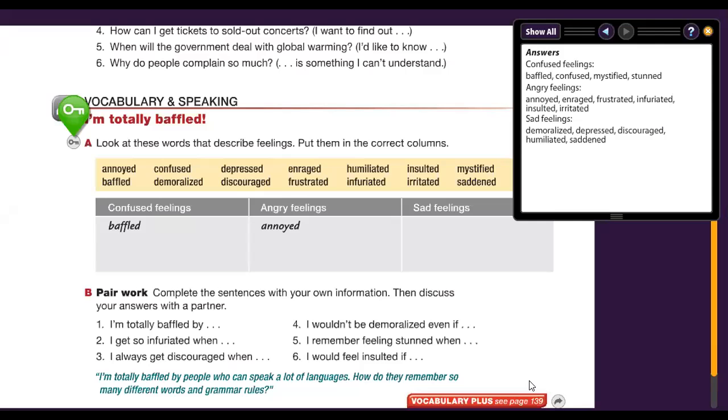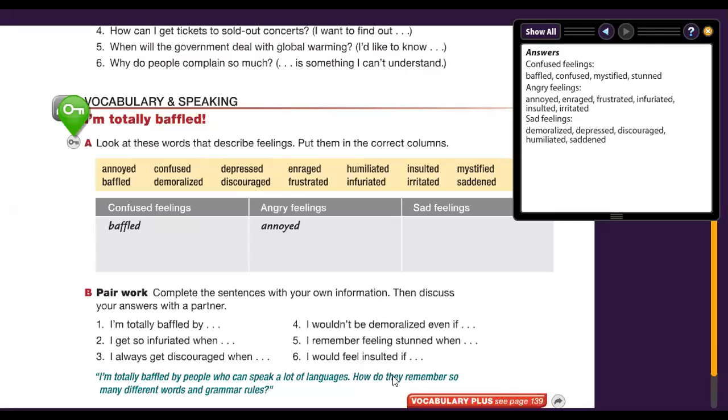And well, here we have a couple of examples, expressions that we can complete. I'm totally baffled by German classes or Chinese classes, so it's like getting confused. I get so infuriated when someone interrupts me when I'm playing online. I always get discouraged when a friend of mine is disloyal. I wouldn't be demoralized even if Gwen from Spider-Man died.